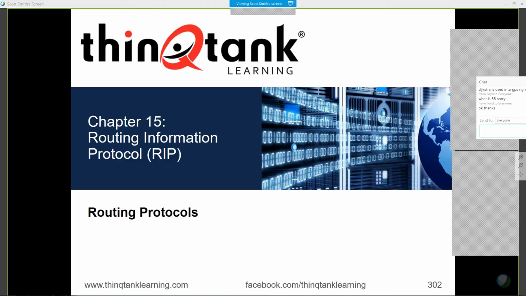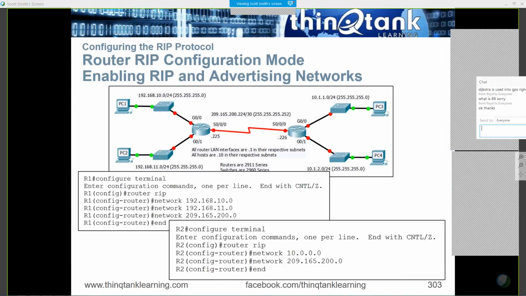Okay. So RIP, the Routing Information Protocol. What I need you guys to do is we're going to be implementing RIP in our topology. This is our topology. We're going to implement RIP. And the way I do this chapter is we do the implementation, and then we talk about why you did that implementation.